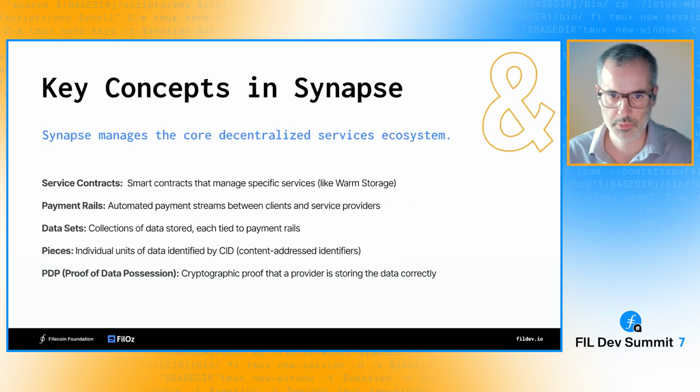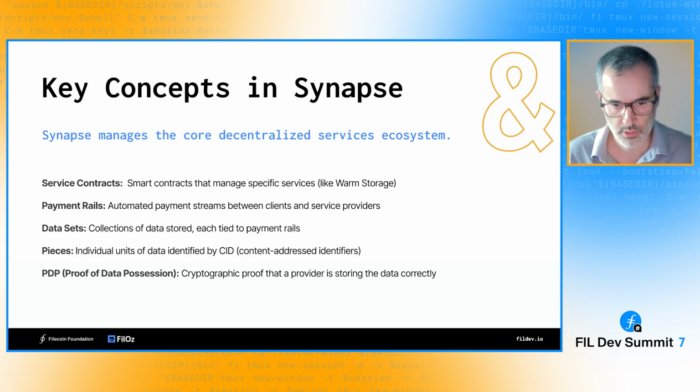So the key concepts. Synapse manages the core decentralized service ecosystem. First, we have the smart contracts that manage specific services, like warm storage that you already heard about. We have the payment rails, automated payment streams between clients and service providers.